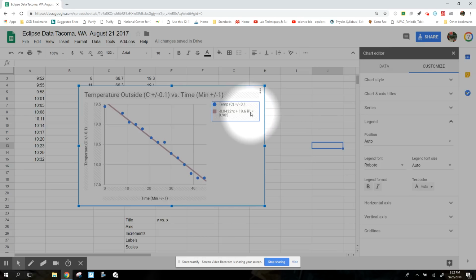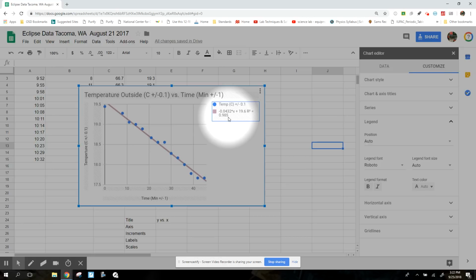And now this R² value. So when you take statistics, you will know how to calculate an R² value. But for physics purposes, all you need to know about R² is the closer it is to 1, the better your trend line fits all of your data.